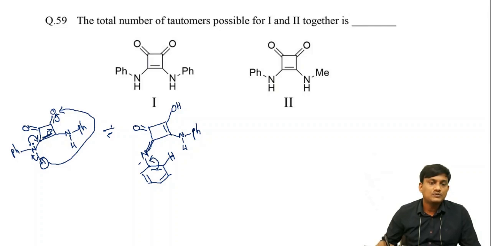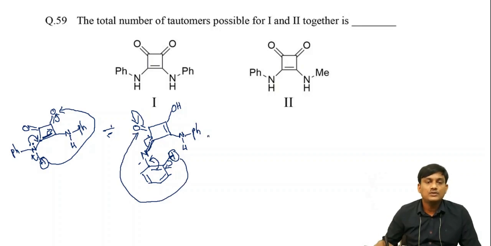These electrons move like this, and these electrons move like this, and these electrons move. And this hydrogen migrates to this oxygen, and you will get another tautomeric structure.